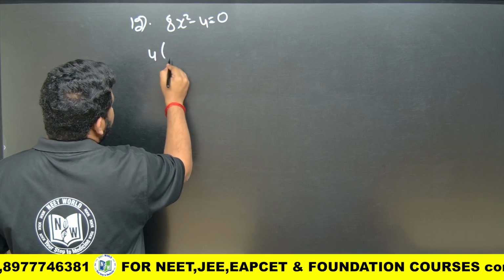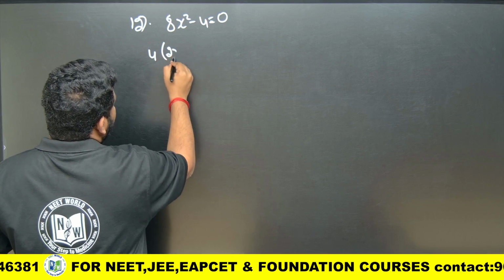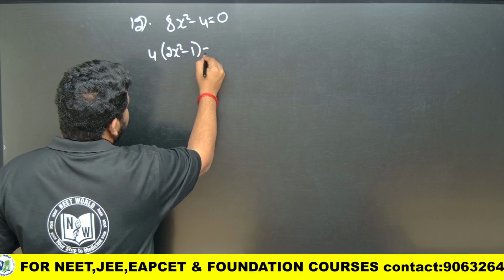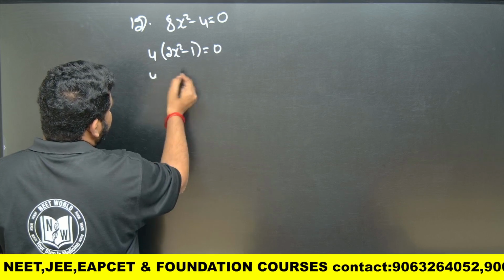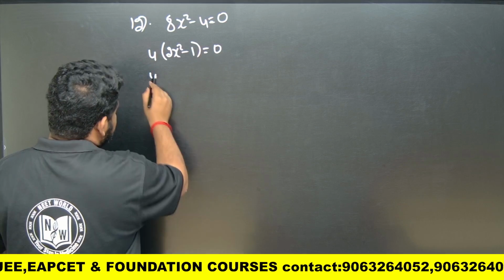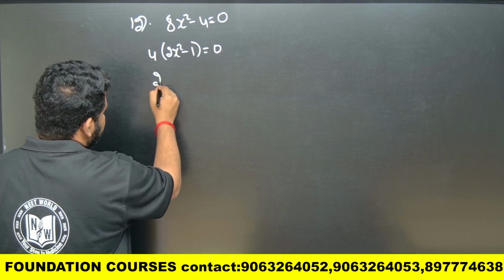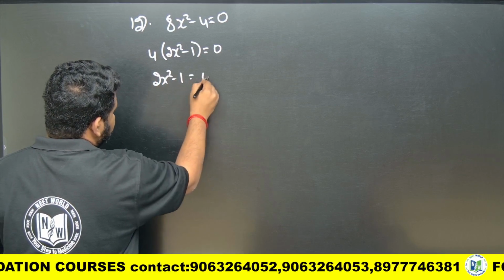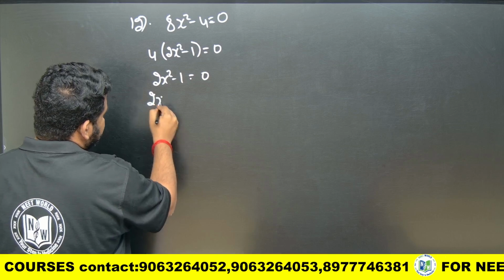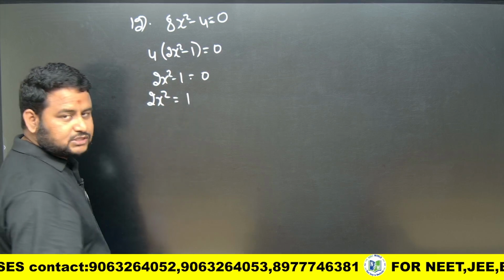If I take 4 common, this will become 2x square minus 1 is equal to 0. Does 4 equal 0? No. So this entire thing, 2x square minus 1, is equal to 0. So I get 2x square is equal to 1.